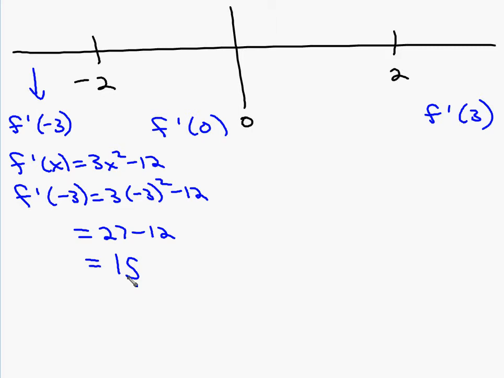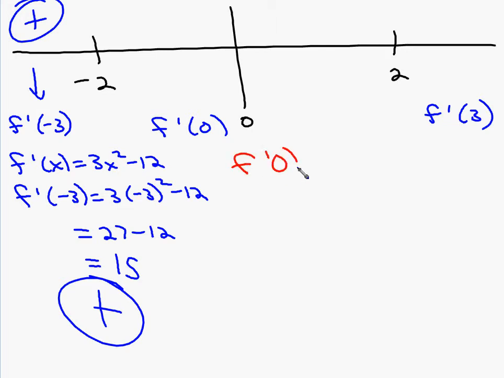And the most important thing that I need to know is that that's positive, right? So when I am to the left of this negative 2 up here, I'm positive. Now, we could take a wild stab and guess that maybe the next one's going to be negative. So I'm going to use red.